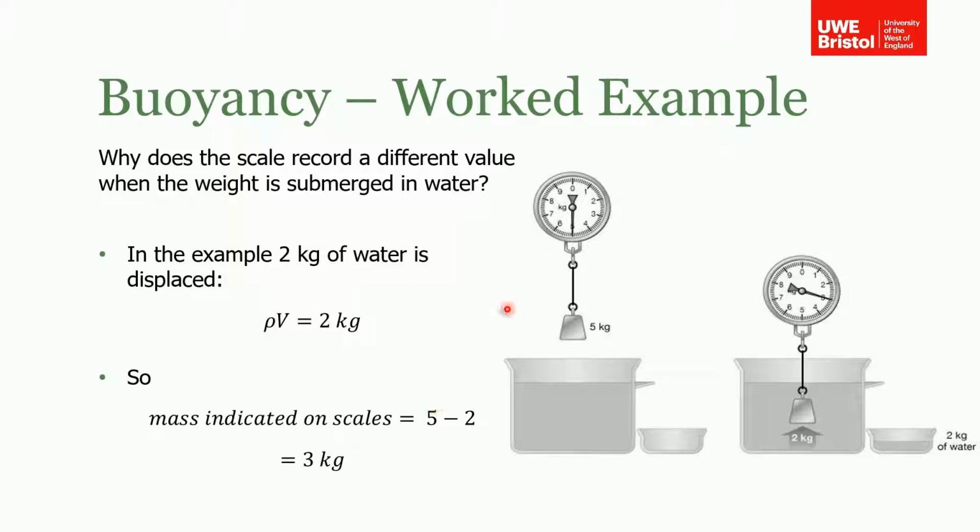So the mass on the scales went from 5 down to 3, and the difference was 2. Okay, so hopefully that helps to explain what the buoyancy force is and how you can calculate it.